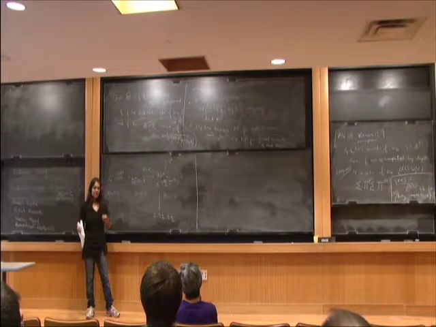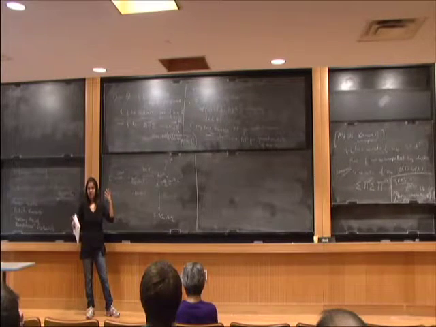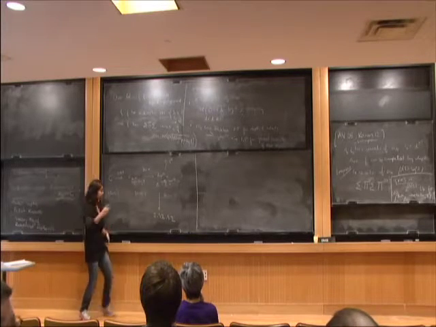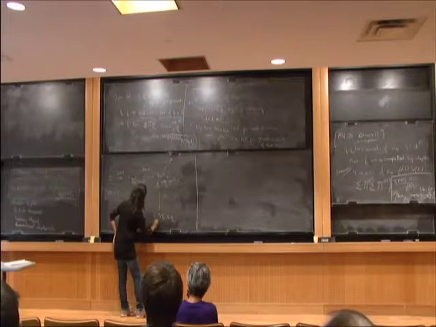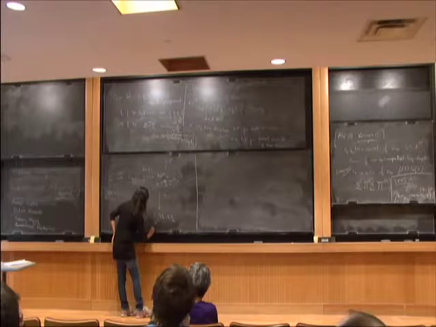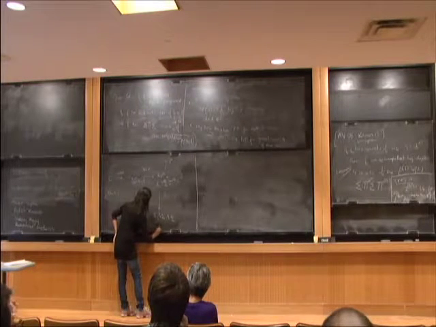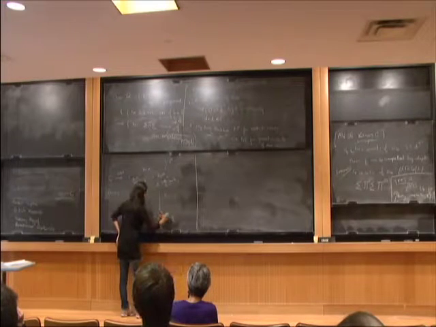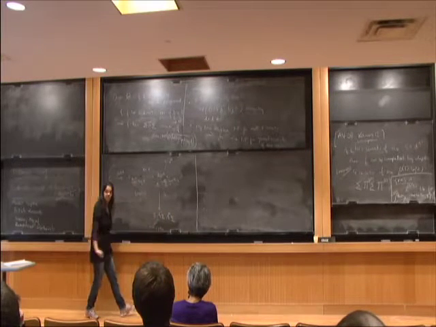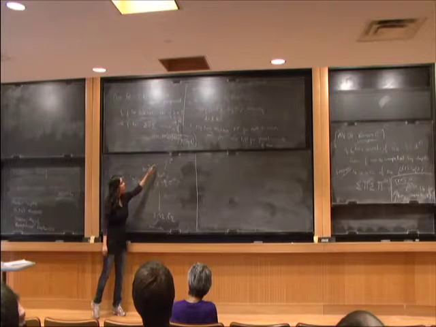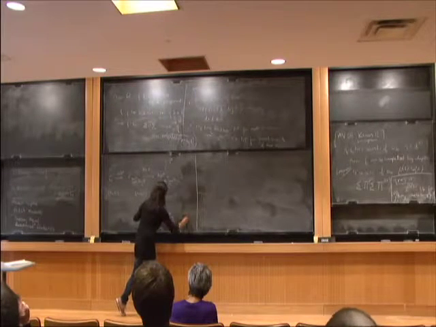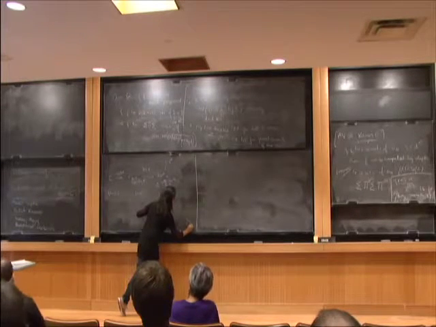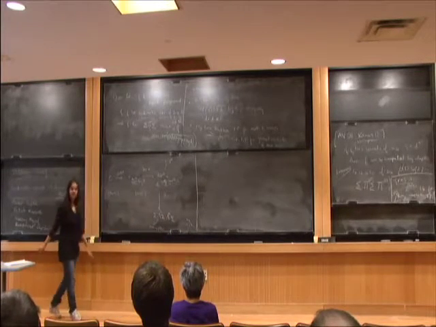A powering gate will just take in the same input and raise it to some power, so you can think of it as a product gate taking the same input many times. It's still homogeneous, with the same root d, and if this was 2 to the root d, the size is still roughly 2 to the root d.